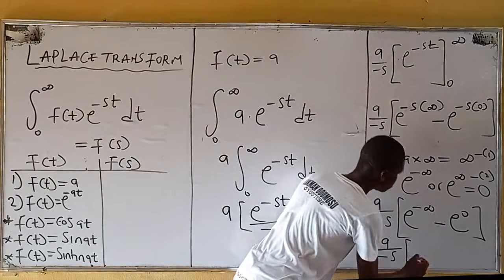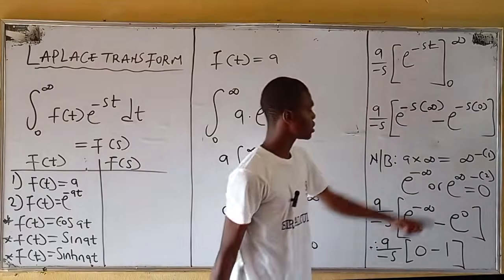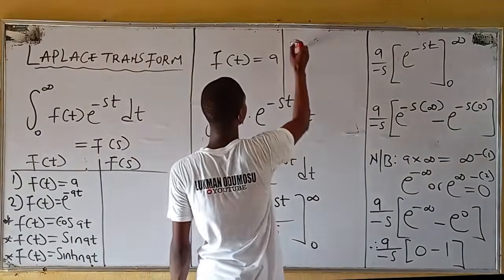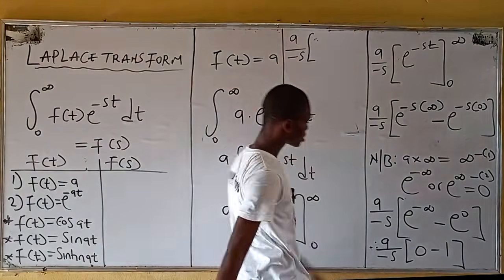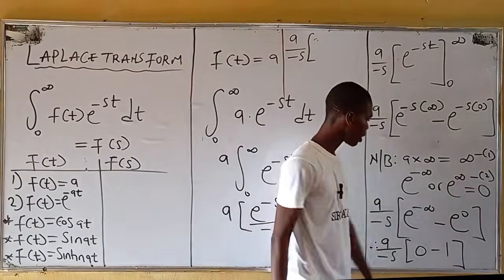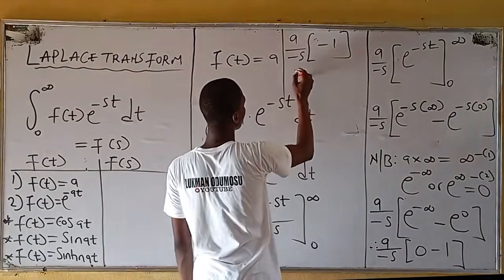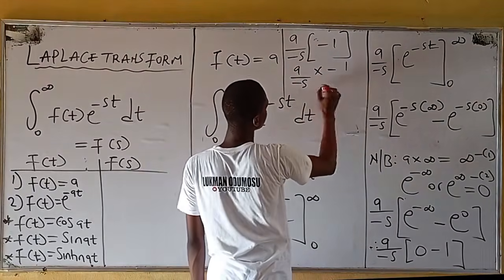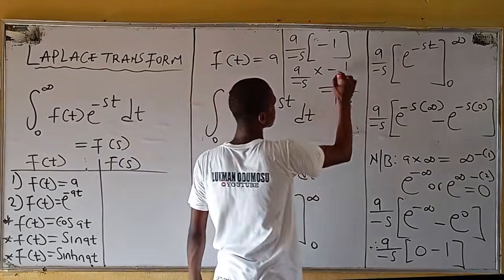Following equation 2, I have 0 minus 1, since exponential raised to the power 0 is 1. So it becomes a divided by negative x times negative 1, which is a over x.